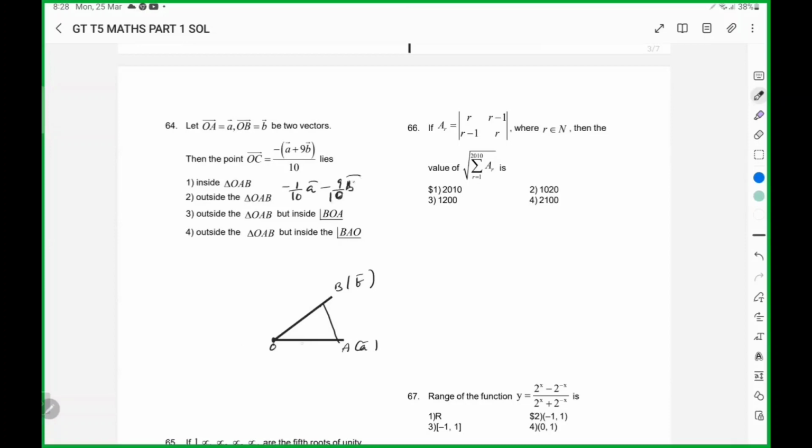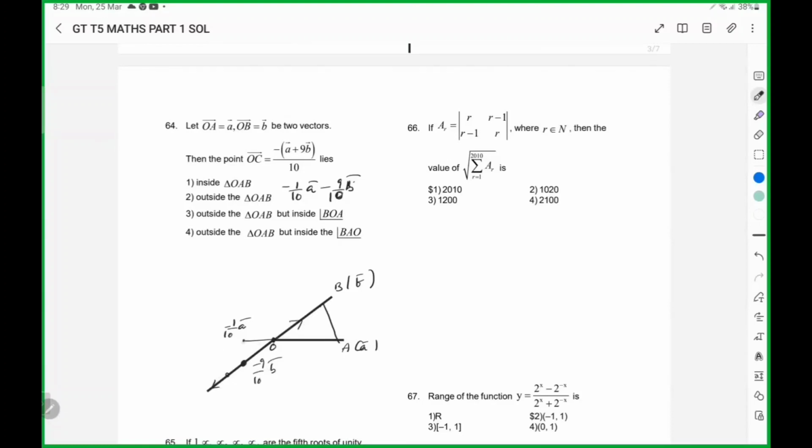Minus means, minus 1/10 a bar, if you extend this line, minus 9/10 b bar. B bar is in this direction, in this it is minus b bar.